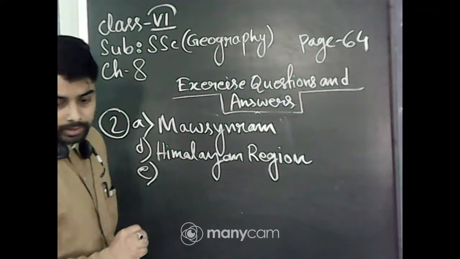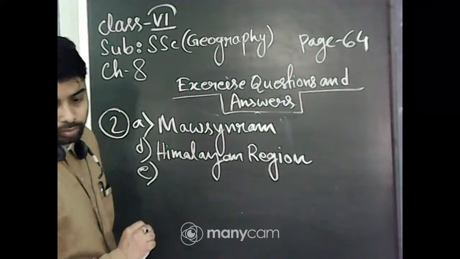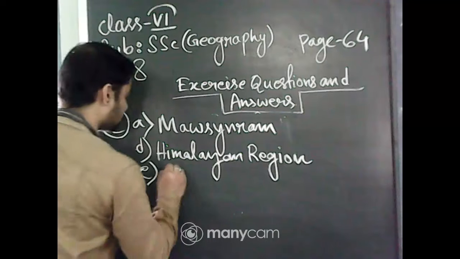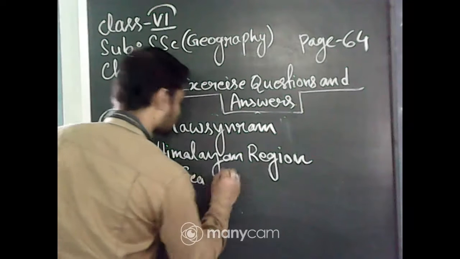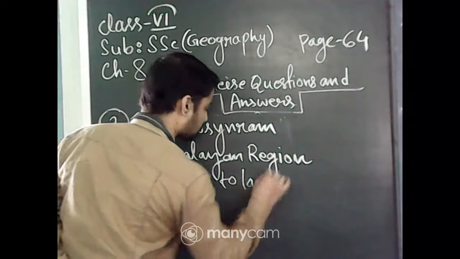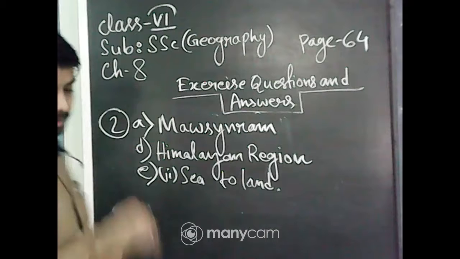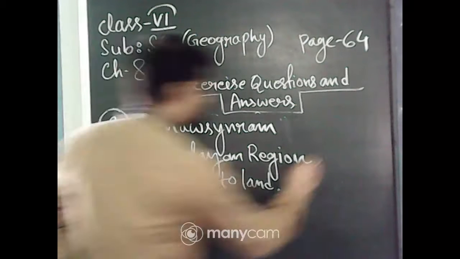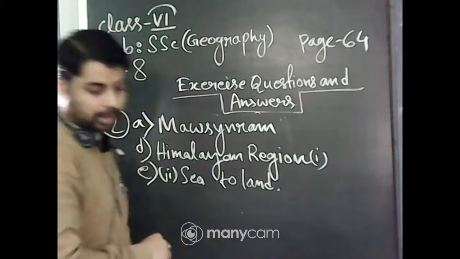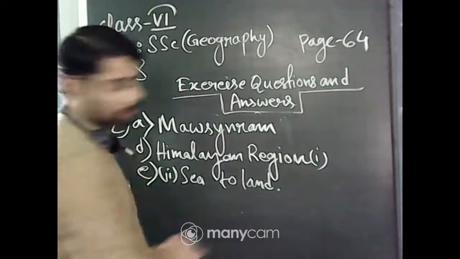So the correct answer is option number 2, sea to land. And the previous options are option number 1 and option number 3 from your book.